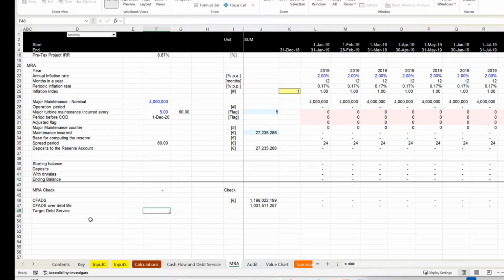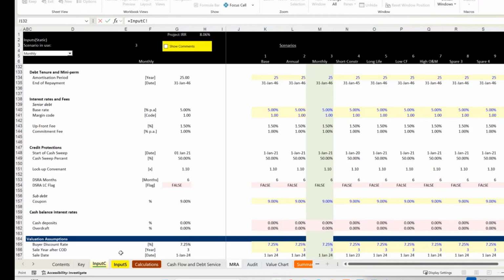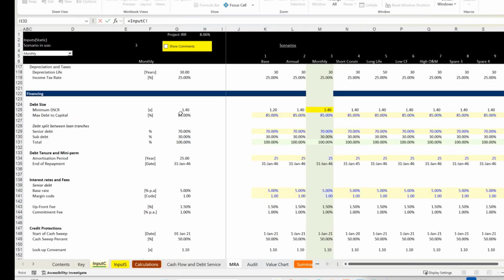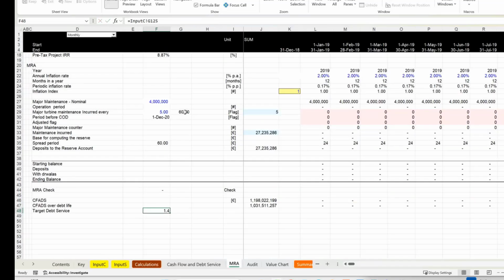I think I do, yes. Here you go. Thanks. Okay, very good. Now, I think maybe before we do this, let's really focus on either the base or the monthly.